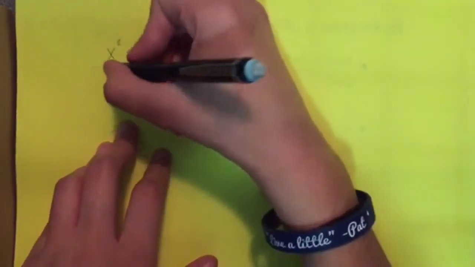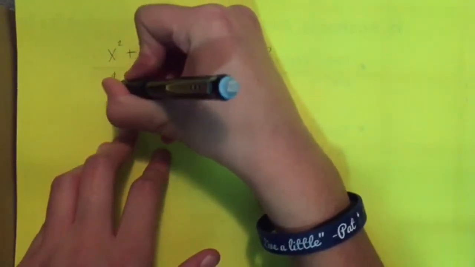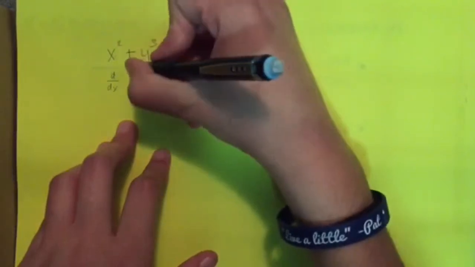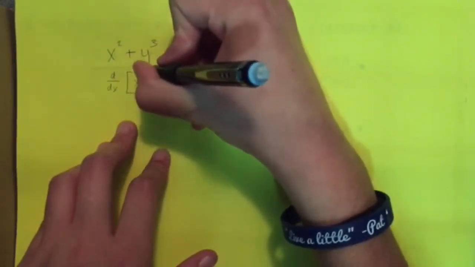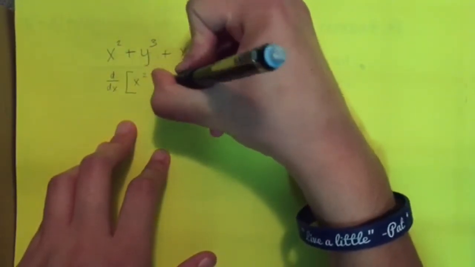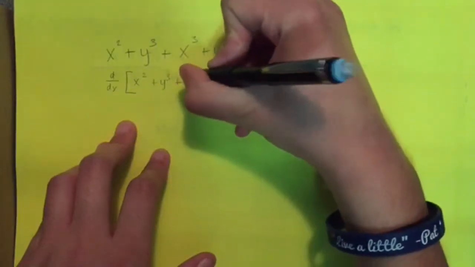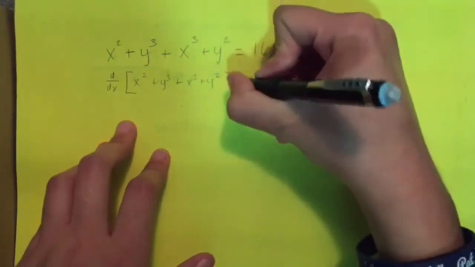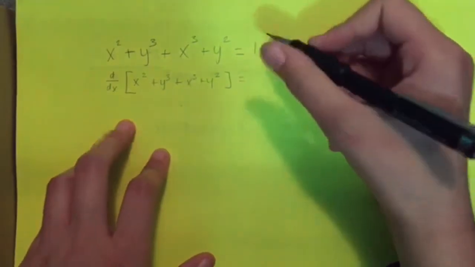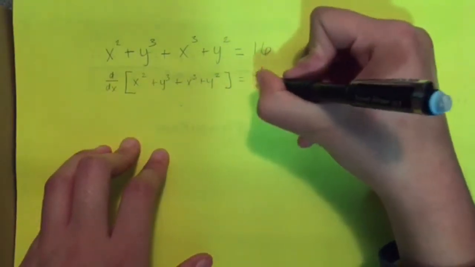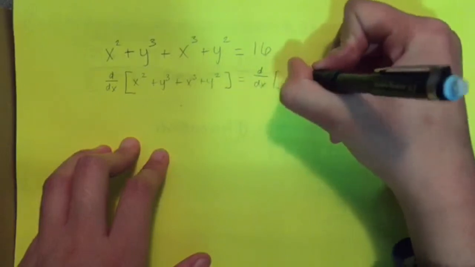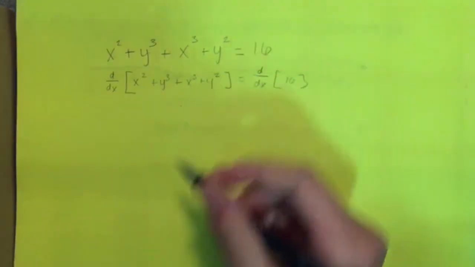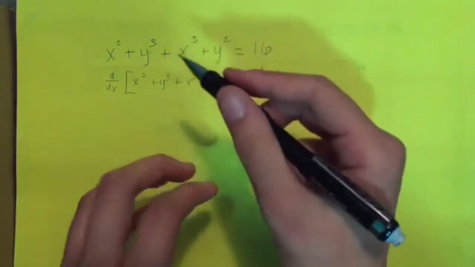So you do d over dx of x squared plus y cubed plus x cubed plus y squared equals, and then also differentiate this side. And then you just find the derivative of each side.